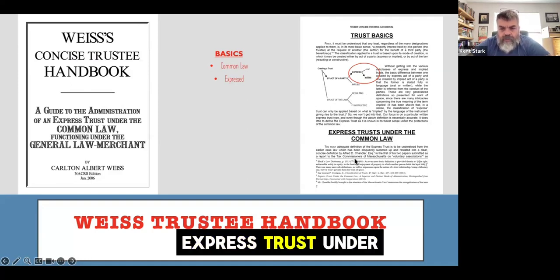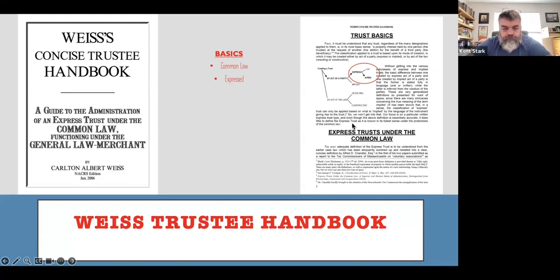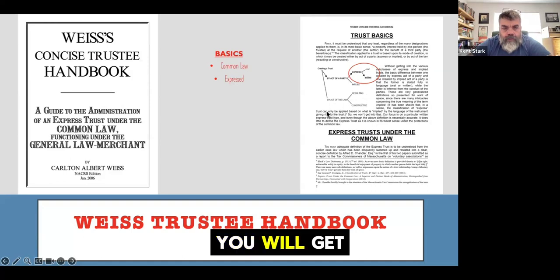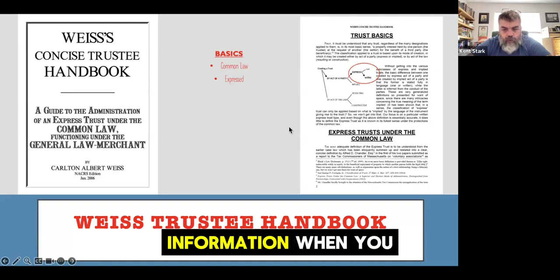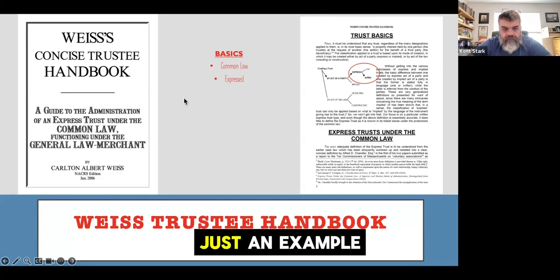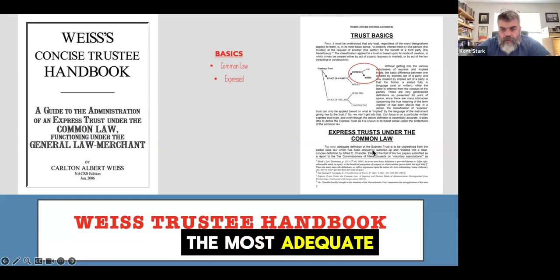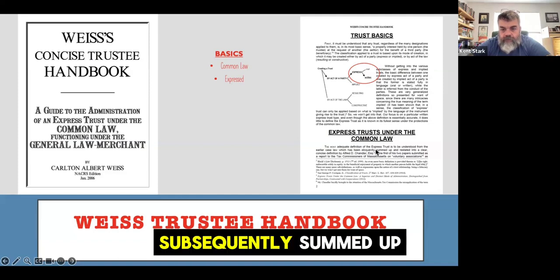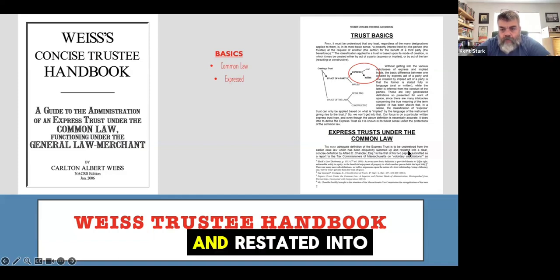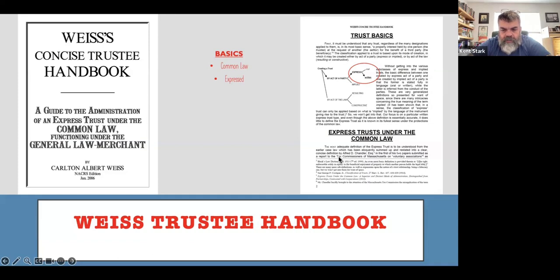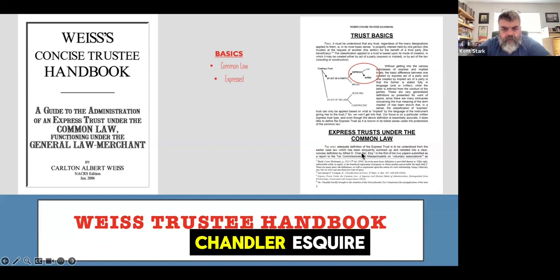Express trust under the common law: you will get a lot of this information when you read the book, but this is just an example of a few pages. It says here the most adequate definition of an express trust is understood from the earlier case law that has been subsequently summed up and restated into a clear, concise definition by Alfred D. Chandler, Esquire.